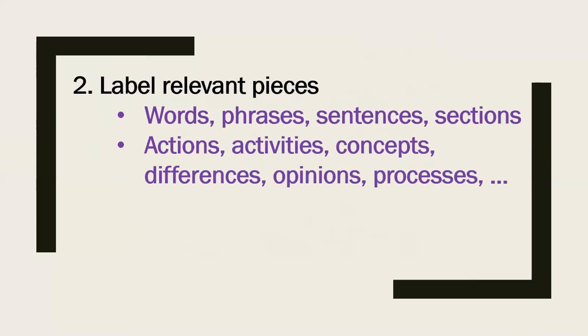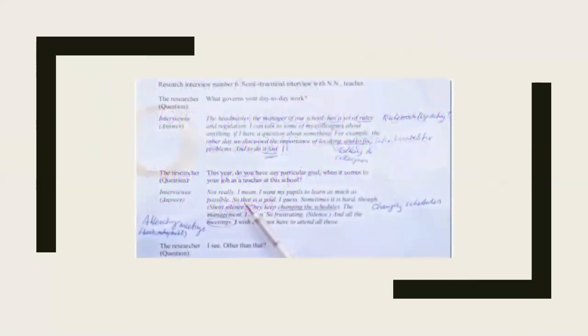You might decide something is relevant because it has been repeated, or it surprises you, or the interviewee states that it is important. It's your study and your choice of methodology. You are the interpreter and you decide what is important. But as you do so, it's very important that you be unbiased and stay close to the data. Here's an example of labeling relevant pieces.